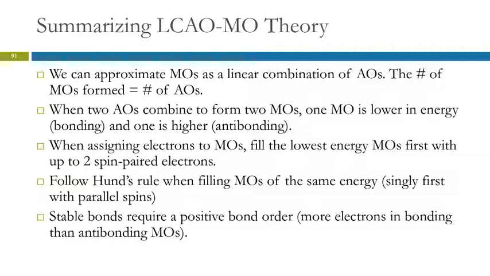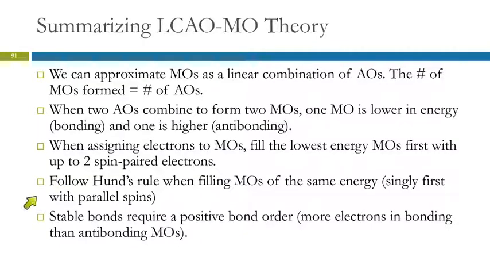When 2 atomic orbitals combine to form 2 molecular orbitals, one will be lower in energy and the other will be higher. One is reinforcing, so lowering in energy. The other is destructive, interfering with itself, and will cause higher energy. When assigning electrons to those molecular orbitals, you fill the lowest energy ones first with up to 2 spin-paired electrons.